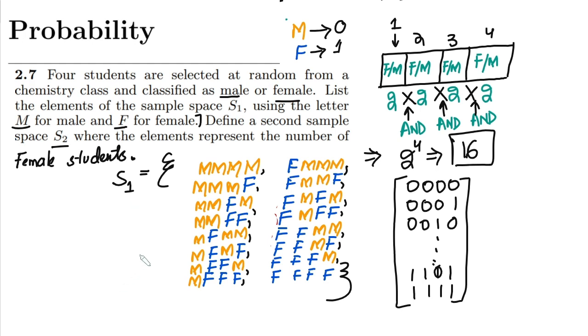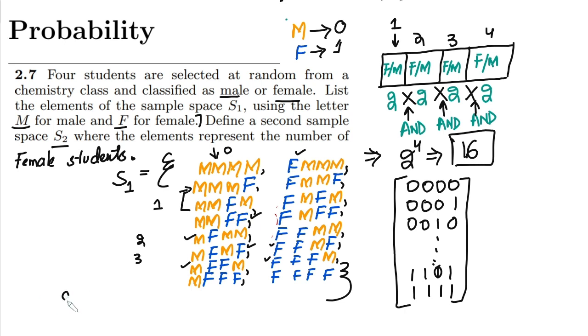This is S1. Similarly, here I can see that the number of females is 0, and in these two cases, and in many cases like here, I have number of females equal to 1, then here number of females equal to 2, then I also have here number of females equal to 3, and here 4.